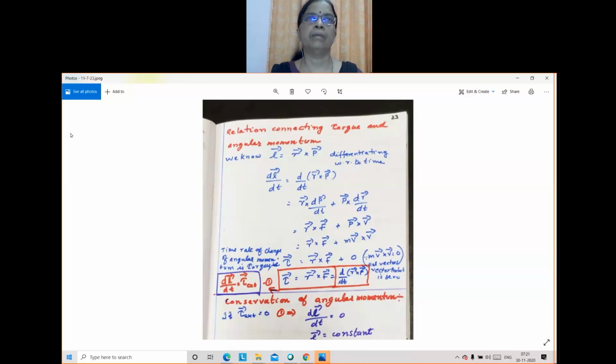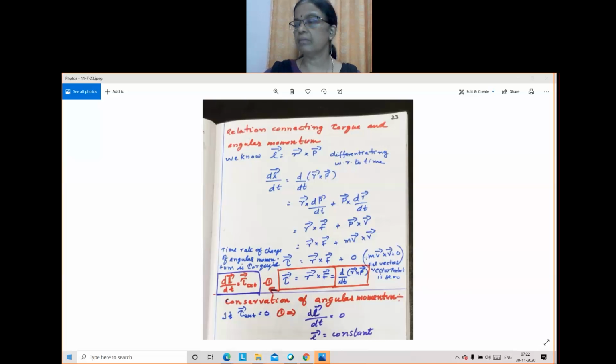Linear momentum, according to Newton's second law. The second law is deleted, but I think you know the relation between linear momentum and force.